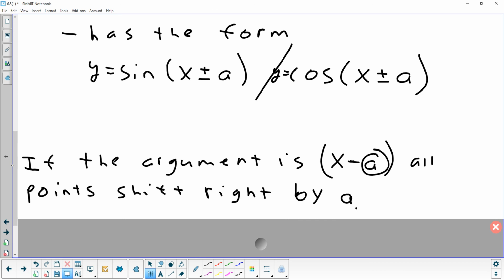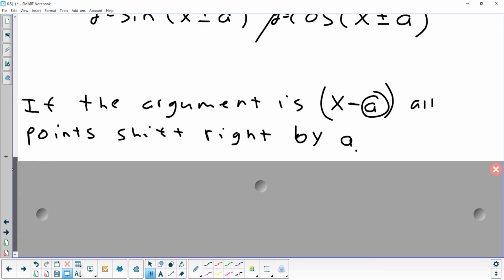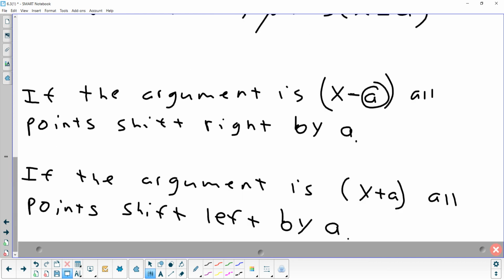Those are the common amounts that you'll see added or subtracted. Technically, could you shift it by 13.7 degrees? Yes. That's not a common amount we usually do. 90, 45, and 180. All right. And then if you have x plus, everything is going to shift to the left.